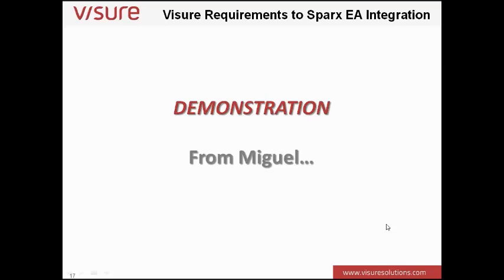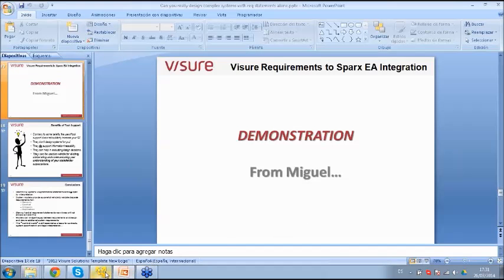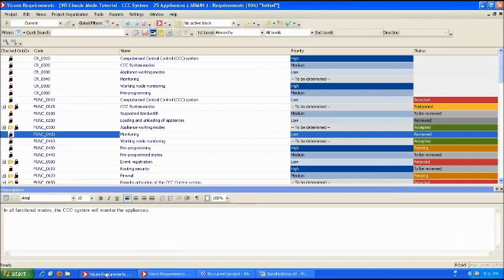Thanks a lot, Paul. It was a very informative presentation. So I will do as you say, and I will demonstrate our visual requirements and Enterprise Architect integration to support what you stated, just to see how we can represent both, let's say, worlds, the world of pictures and the world of text.